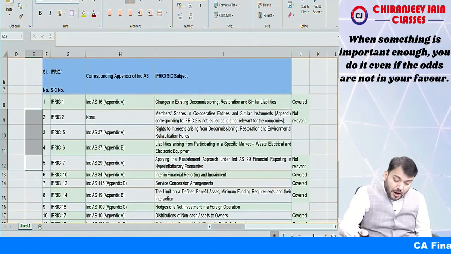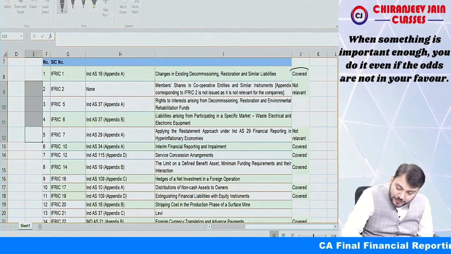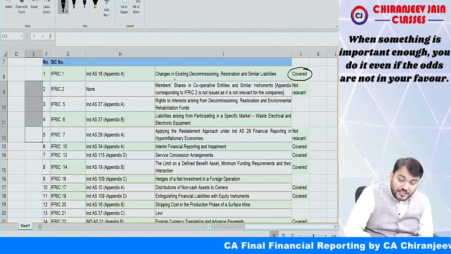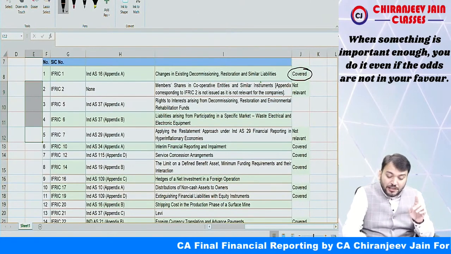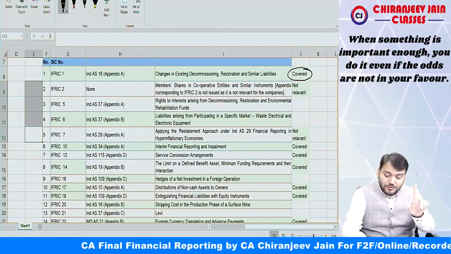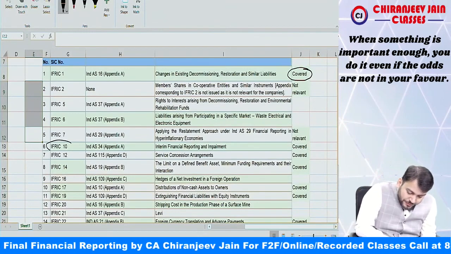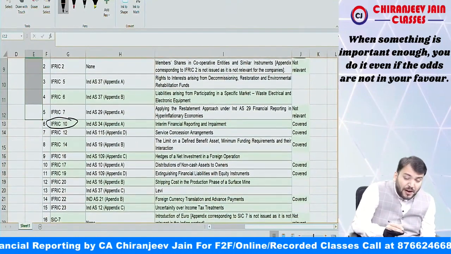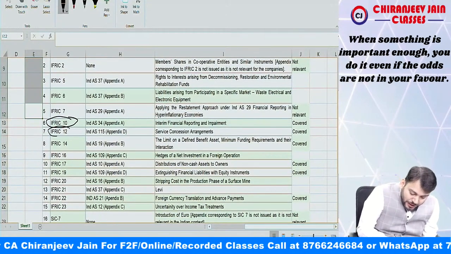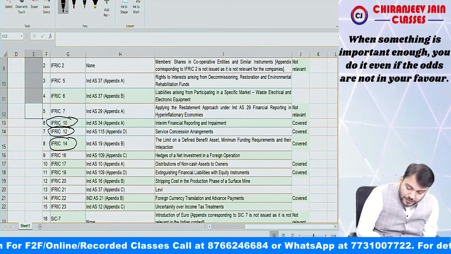And out of these 20, you can see this has already been covered, under Ind AS 16, changes in existing decommissioning, restoration and similar liabilities. I hope you know about this. Correct? Understood? This is also covered in your FR paper. If not covered, I will do it. Don't worry. Now, this is also covered. This is service concession arrangements. This is also covered.